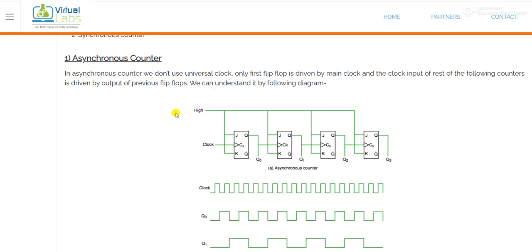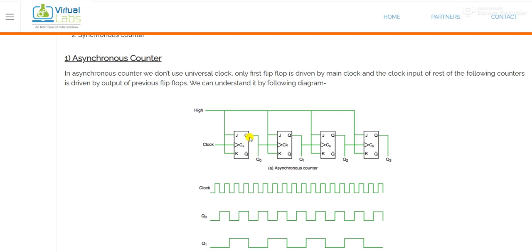So this is the basic circuit diagram of the asynchronous up counter. The output of previous flip-flop, this is JK flip-flop, that is Q, is connected to the clock of the next flip-flop.